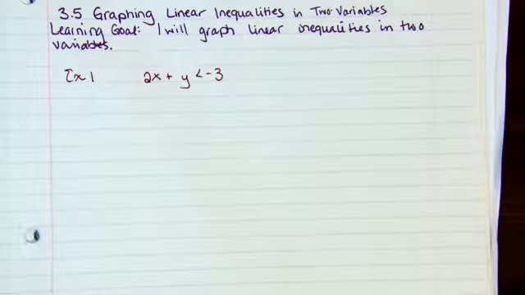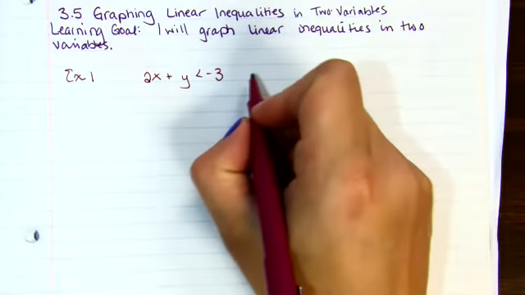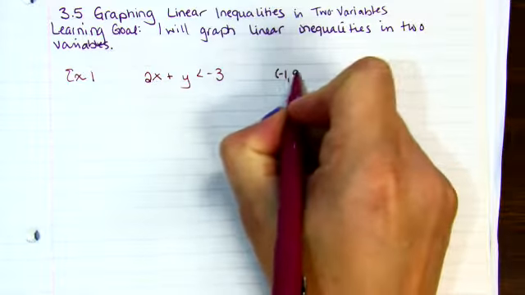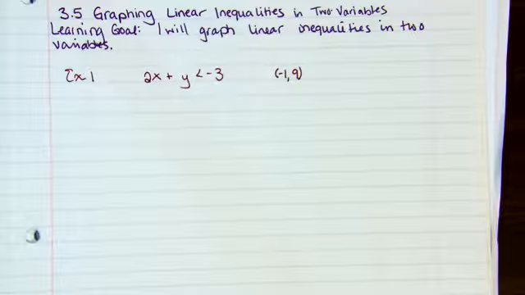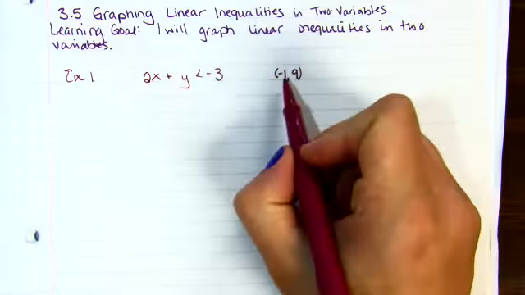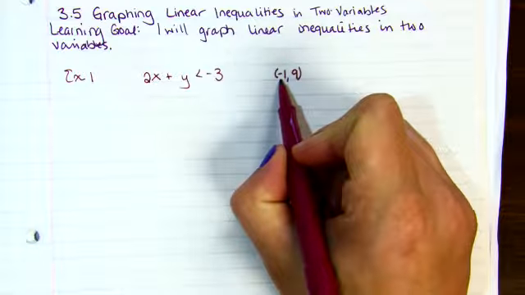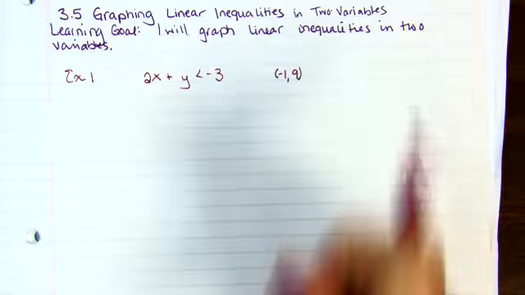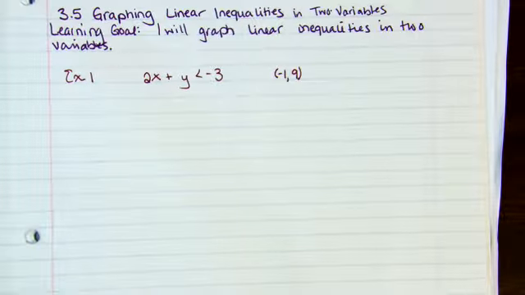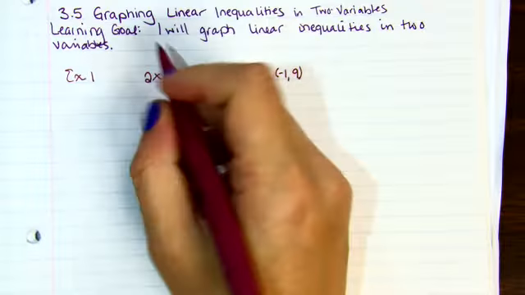You're given that inequality, and we want to know, is the ordered pair (-1, 9) a solution of that inequality? In this case, x is going to be -1, y is going to be 9. So we're going to substitute those in and see if we get something that's true. So that would be 2 times -1 plus 9.